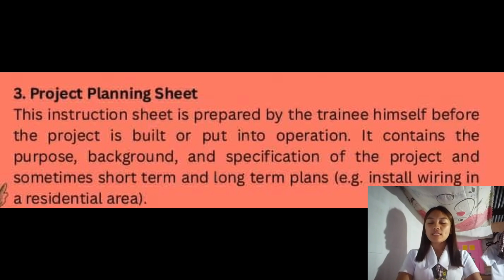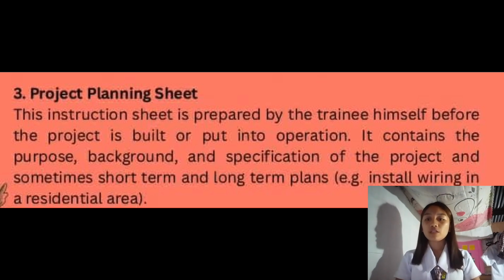So the next one is the project planning sheet. This instruction sheet is prepared by the trainee himself before the project is built or put into operation. It contains the purpose, background, and specification of the project, and sometimes short-term and long-term plans.